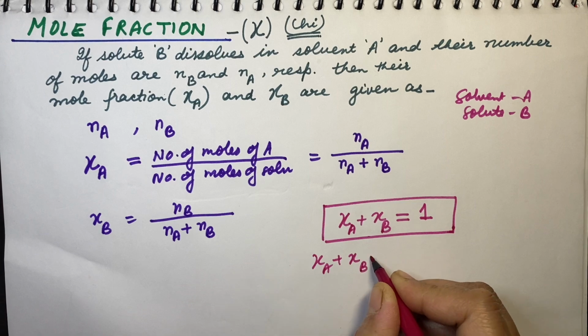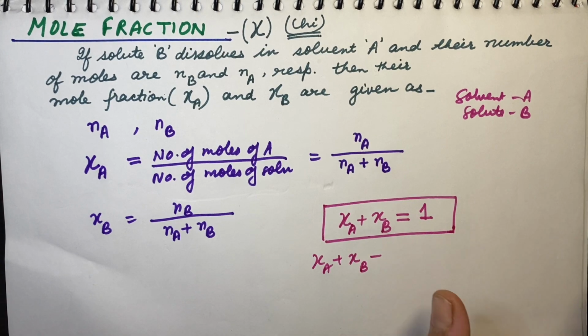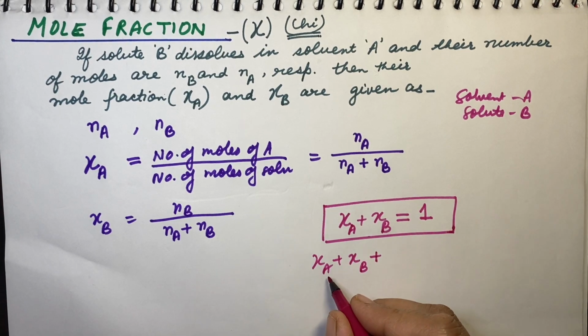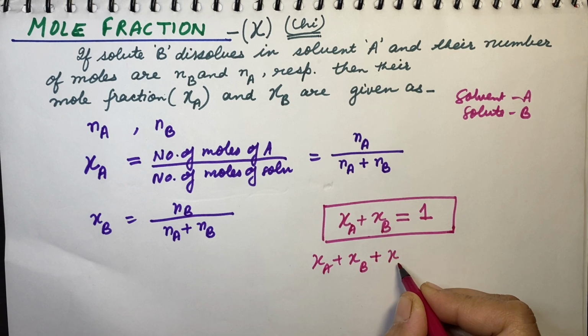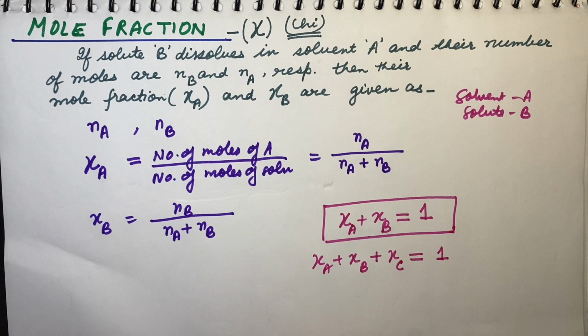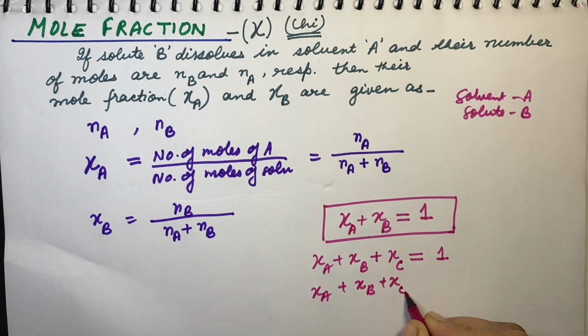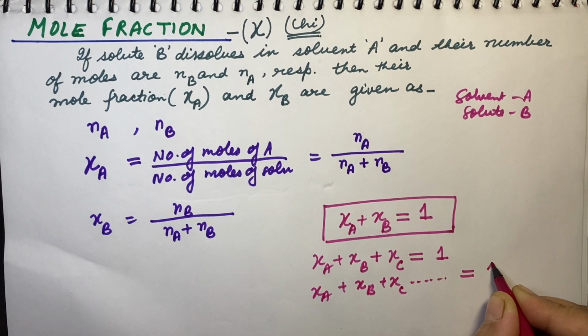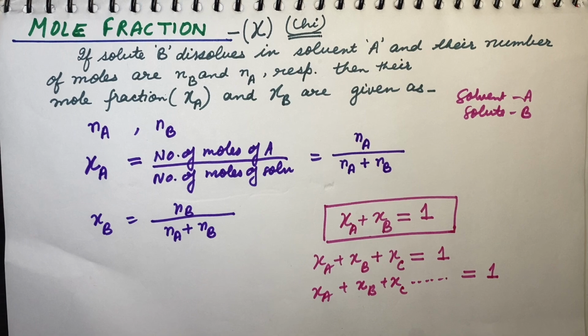If more than one solute is present, then chi A plus chi B plus chi C is equal to 1. So the sum of mole fractions will always be equal to 1.